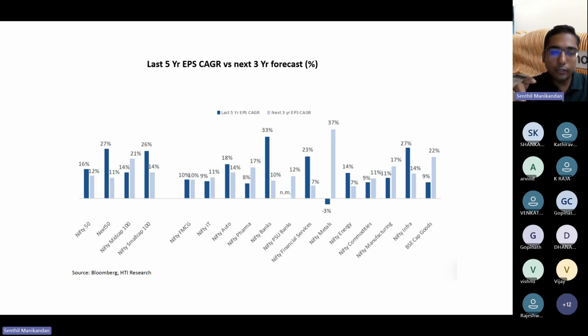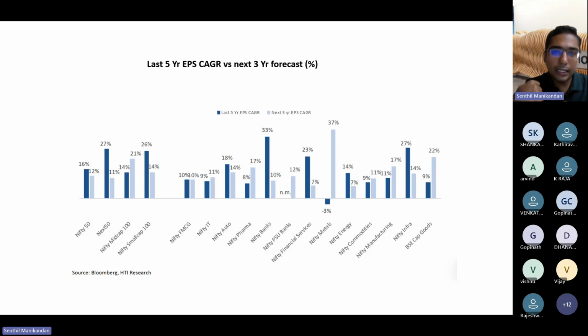This is what we have been saying: when economic momentum gathered, it gave a huge tailwind for small cap companies, and they had better growth versus the large caps. So that's almost 10 percentage points of outperformance by small caps versus Nifty in the last 5 years in terms of earnings growth.